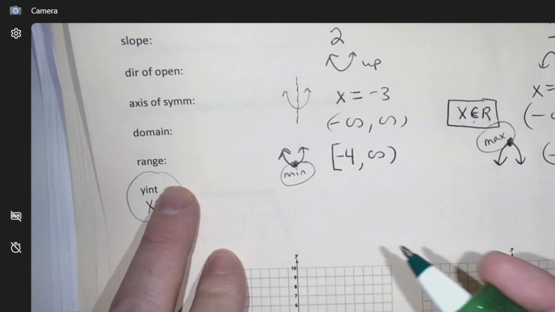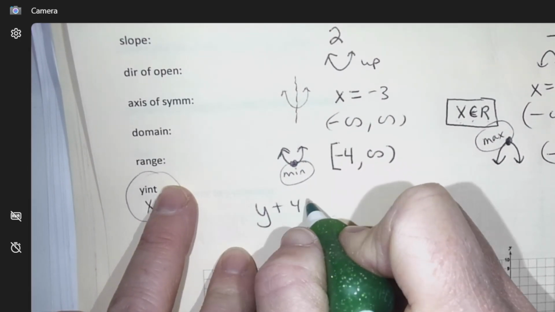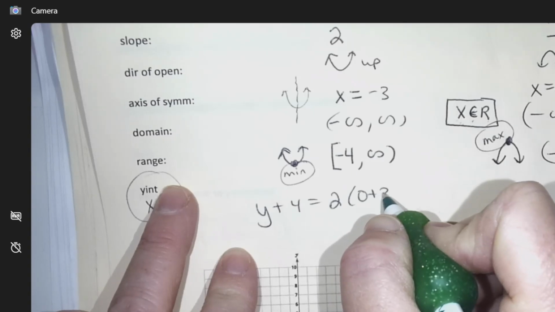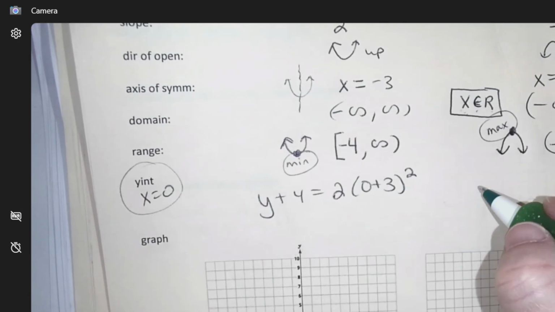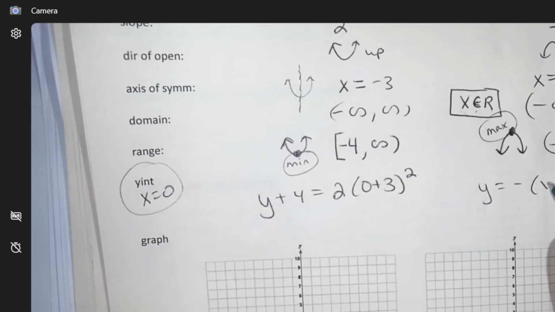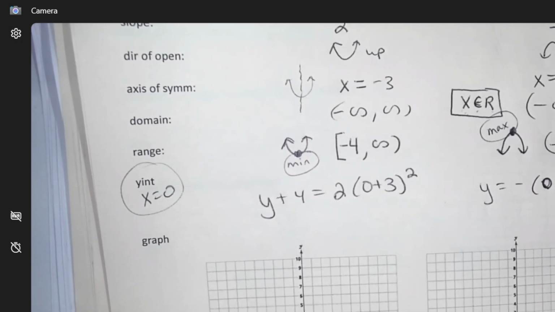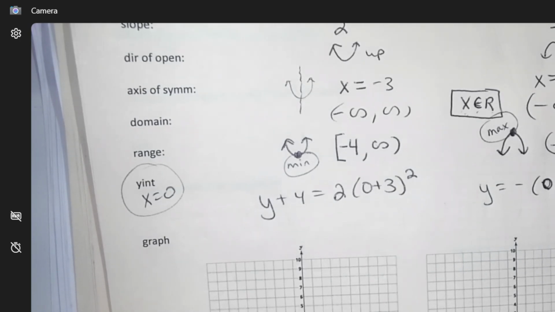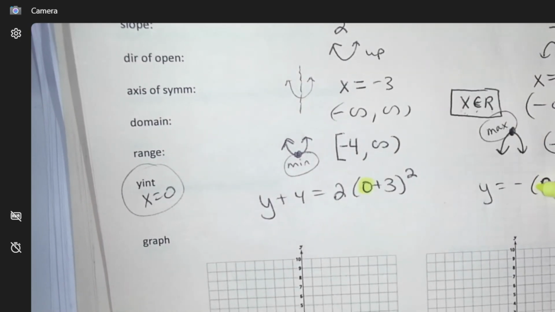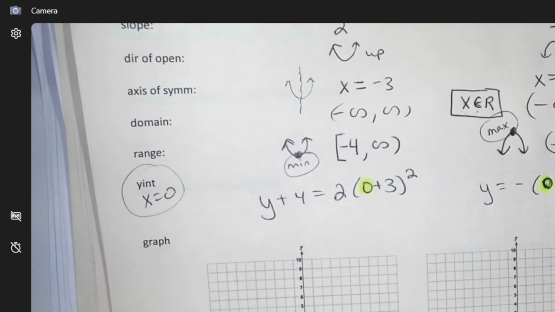Okay, so if x was 0, you're going to have to do your math if x was 0. Okay, so I'll give you a couple seconds here to do your math on it.